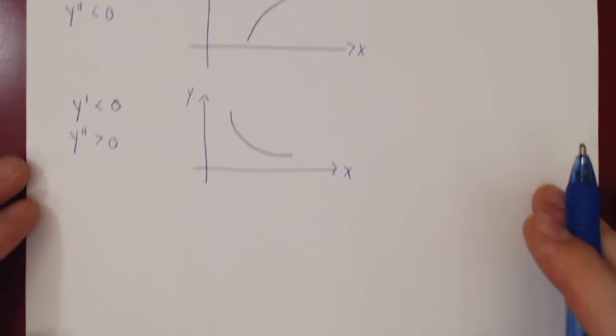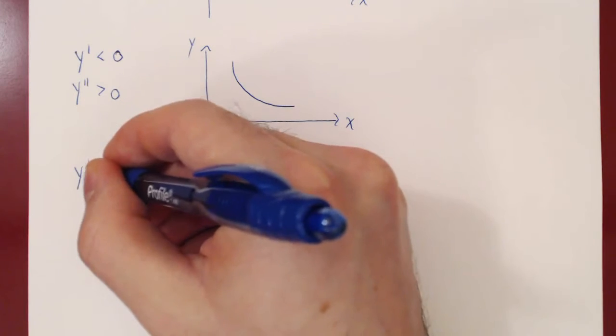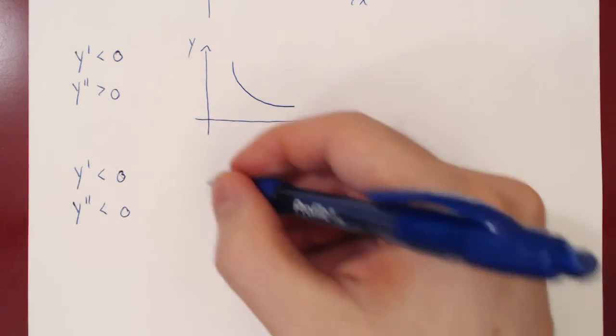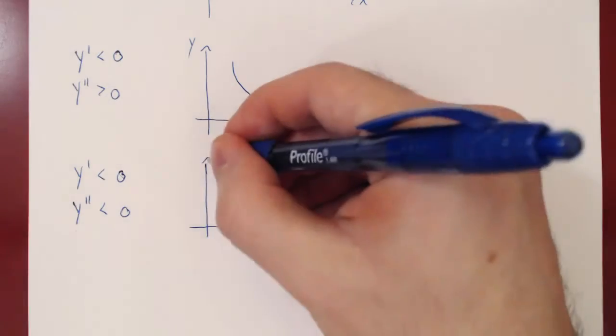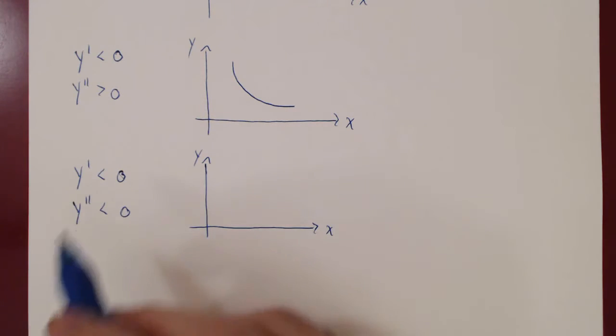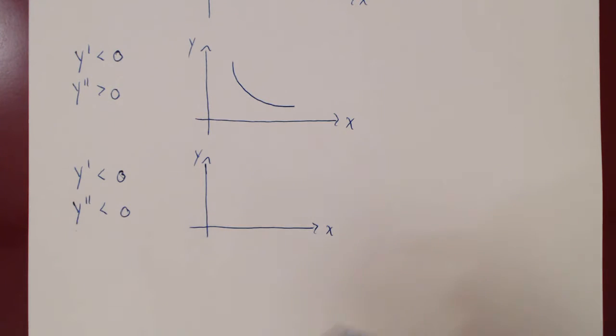And then we have our fourth and final case. What if the first derivative is negative and the second derivative is negative as well? Then our graph will be decreasing because the first derivative is negative, and our graph will also be concave down because the second derivative is negative.